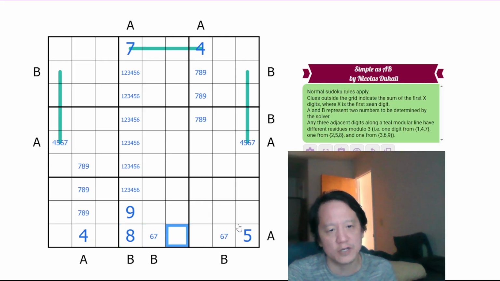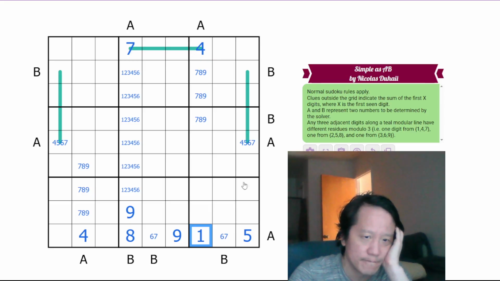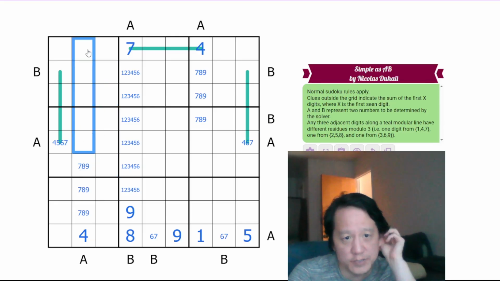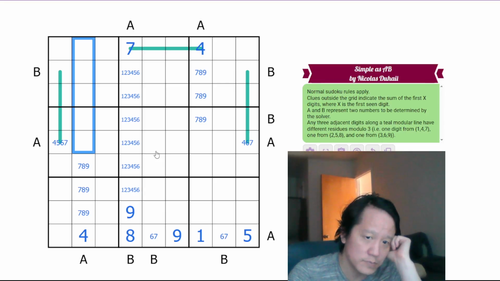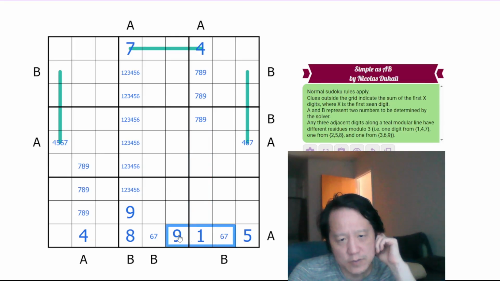So this is 1, 9. So this would have to be 9, and that's 1. So, okay, that is possible. Remaining digits of row: the first 5 digits, 5, 6, 7 is 18, plus 1 and 9 is 28.